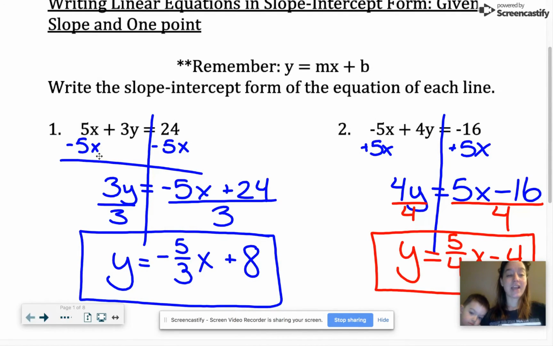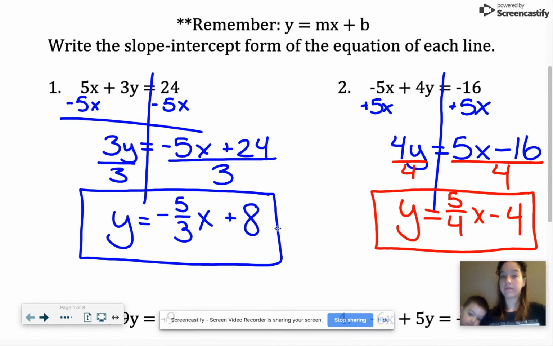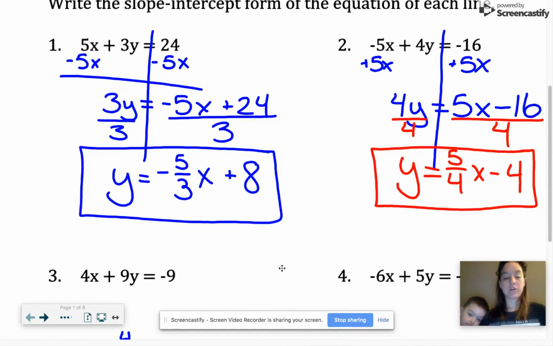We moved our x to the other side, and then we divided by whatever coefficient was next to the y. But we had to make sure that we divided both numbers on the other side to get our slope-intercept form. So that was our first part of yesterday.